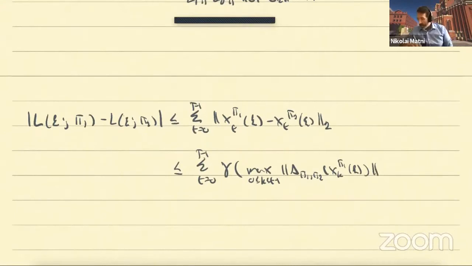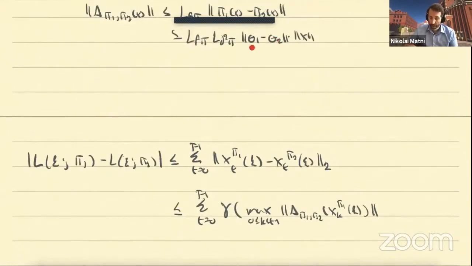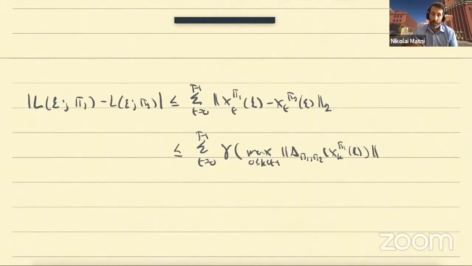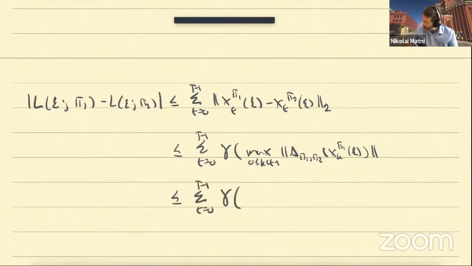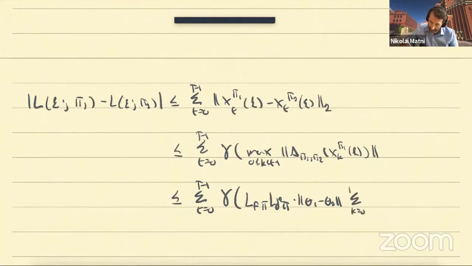Okay, so this is nice. I'm going to do a couple of things in one shot: I'm going to introduce this bound, and I'm going to replace the max with a sum over all of the elements, so I'm upper bounding it in that way. So this immediately gives me that this is less than or equal to gamma applied to LF times L del squared pi times theta 1 minus theta 2 times the sum over k equals 0 to t minus 1 of x_k under pi 1.